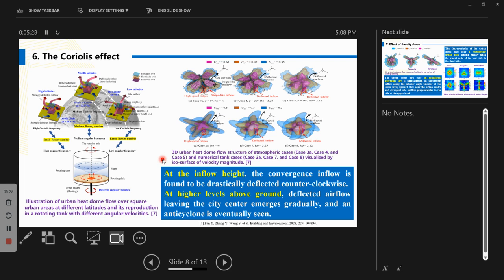When the Coriolis effect is noticeable, both the inflow and outflow heights show the diffusion effect. At the inflow height, the inflow is deflected counterclockwise, and at the upper level, the divided airflow leaving the city center emerges gradually, and an anticyclone is eventually seen.